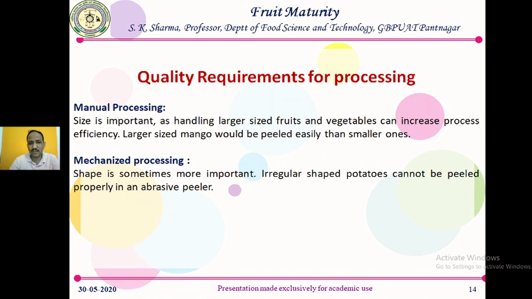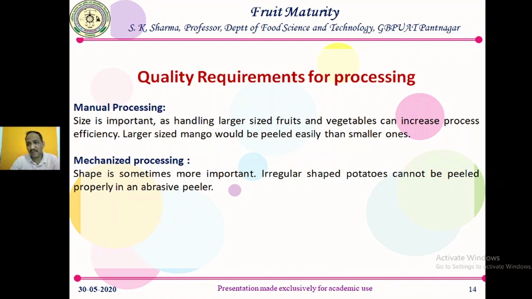Now going one step further, the quality requirements for processing. Now when you harvest a fruit, for processing the fruits, they should be ripe, or we don't talk about the stage at which the crop should be harvested for the purpose of processing, but it's very, very important. Now there are two reasons.